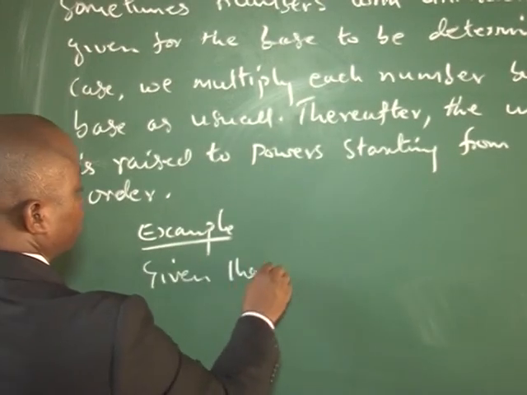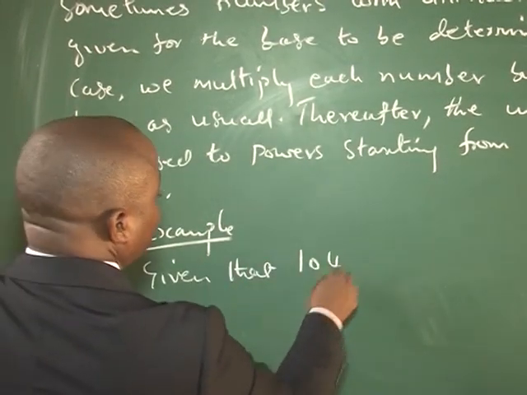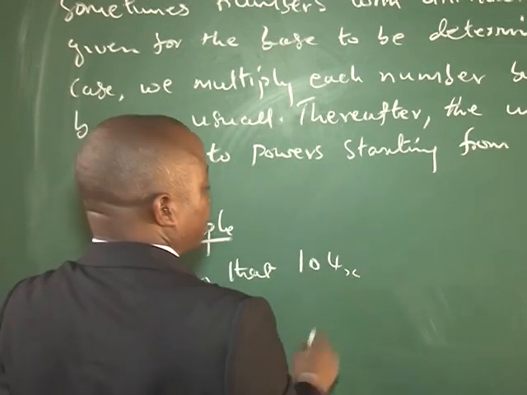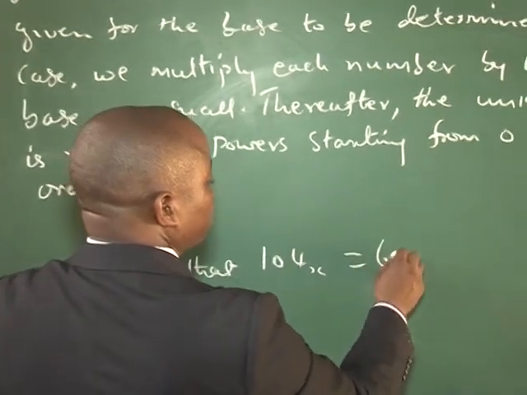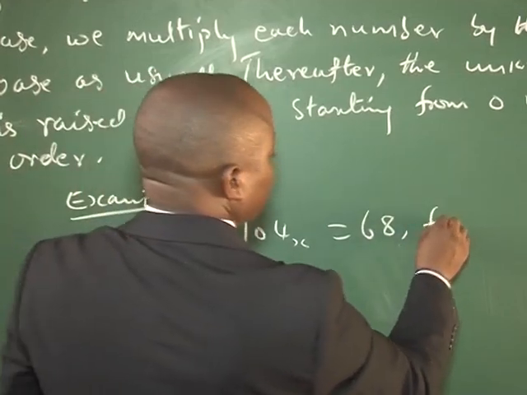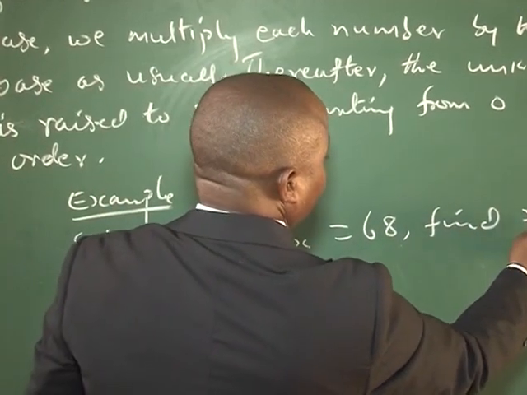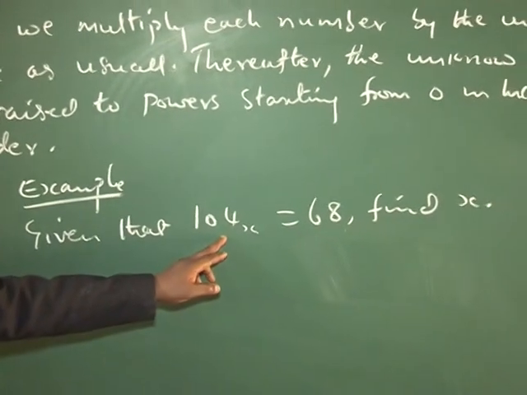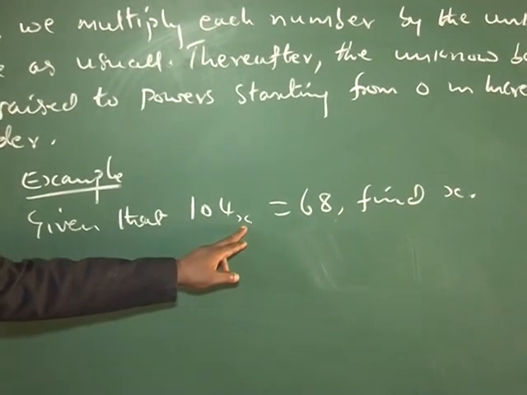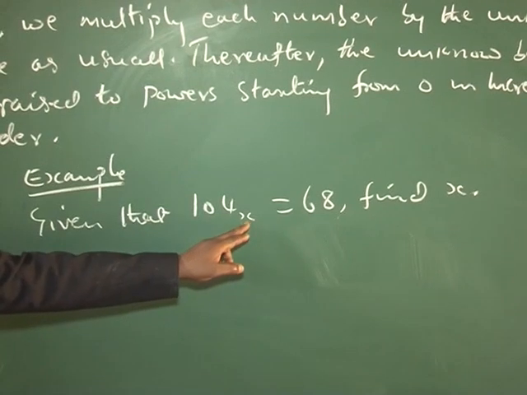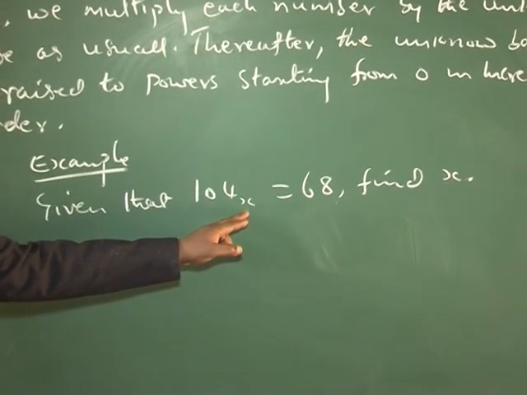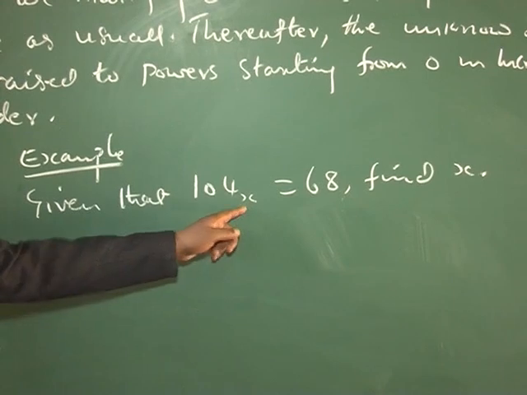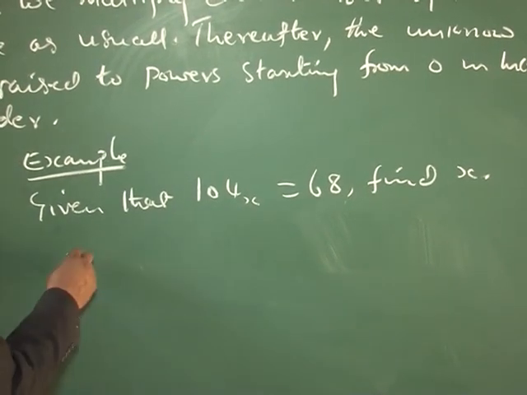Given that 104 in base x equals 68, find x. Look at this, 104 to base x. So we have to find this x. What is the base x?